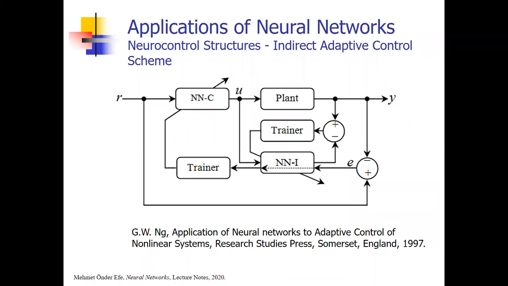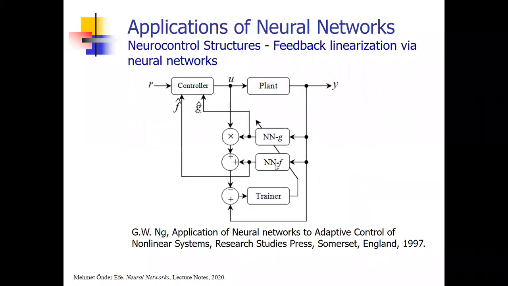So it becomes possible to take the partial derivative of the output with respect to u by using the identifier. You take the partial derivative of the output with respect to the input of this identifier, and you pass this error back through the identifier to obtain the equivalent control error, which is equivalent, not the exact value, but an approximate value. And if you tune your controller with that error measure, then you'll see that this algorithm works for a class of plant dynamics.